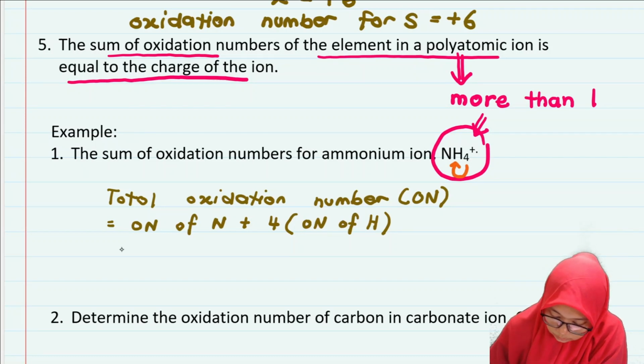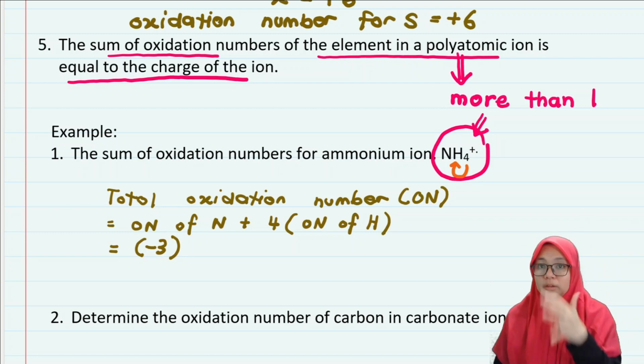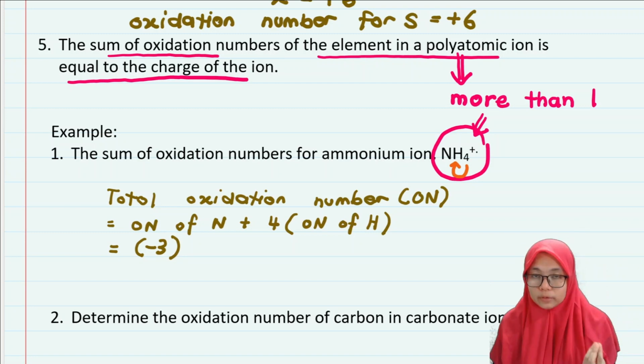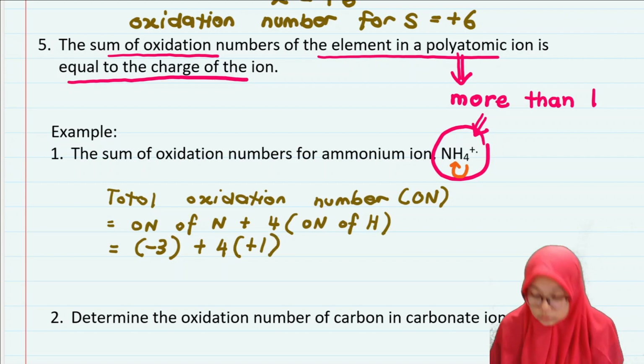Now we have the oxidation number for nitrogen equal to negative 3. Why negative 3? Because nitrogen is in group 15, so the charge of nitrogen itself is 3 negative. So negative 3 plus 4 times positive 1. Hydrogen's oxidation number is always positive 1.